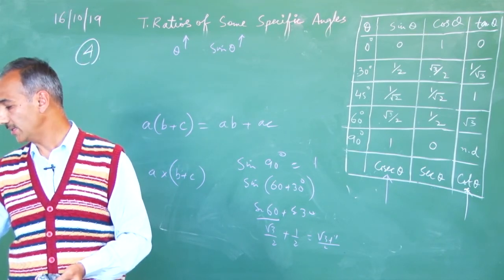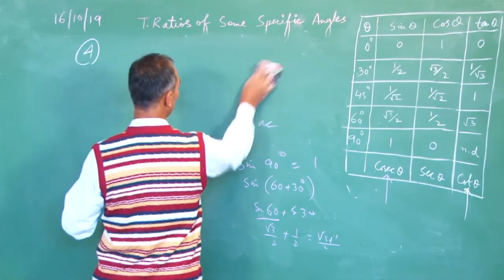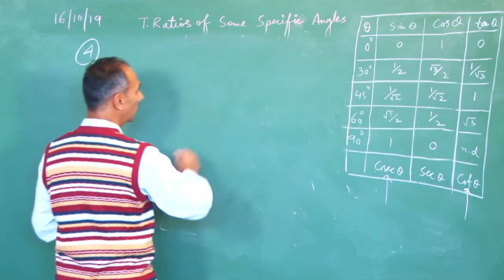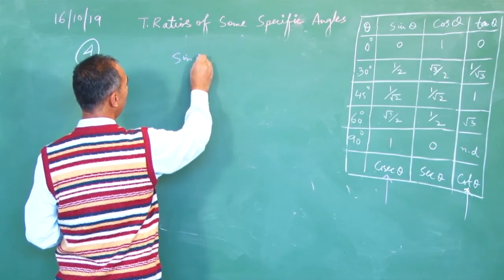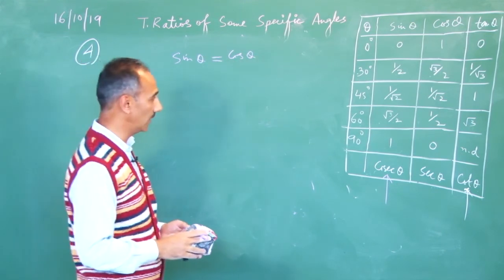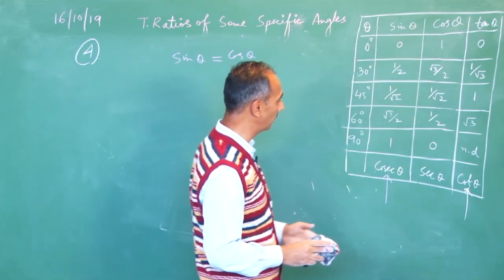Fourth part is sin theta equal to cos theta for all values of theta. Let's try to observe it. It says for all values of theta. Theta is acute. Just have a look at sin and cos column, make a comparison.